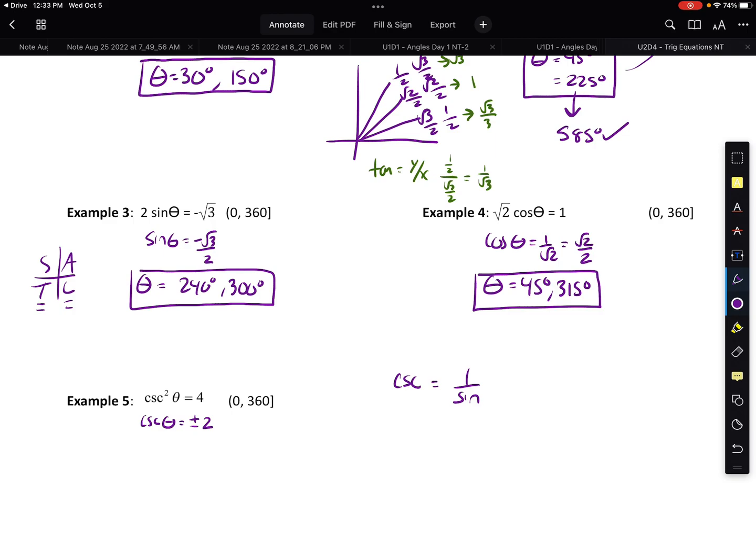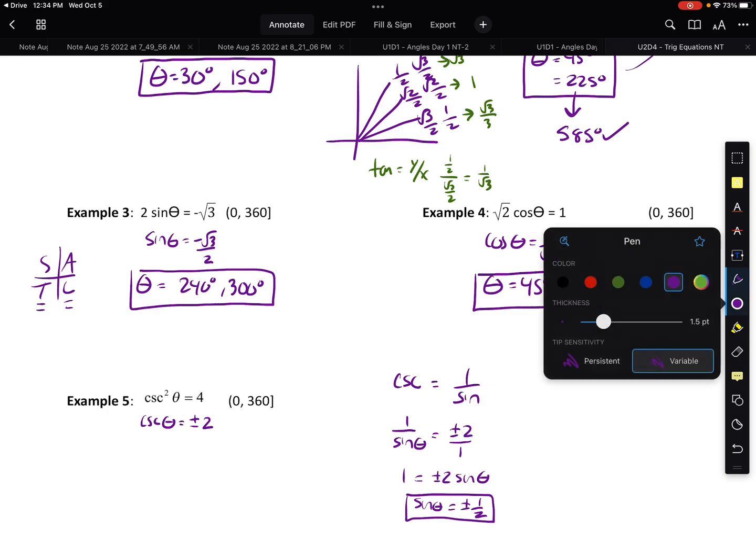So if we wanted to at this moment, we could write 1 over sine equals positive negative 2. Now, if I cross multiply, I get 1 equals positive negative 2 sine theta. So if I divide that over, sine theta equals positive negative 1/2. All right, that's important. So cosecant theta equals positive negative 2 is the same thing as sine theta equals positive negative 1/2.